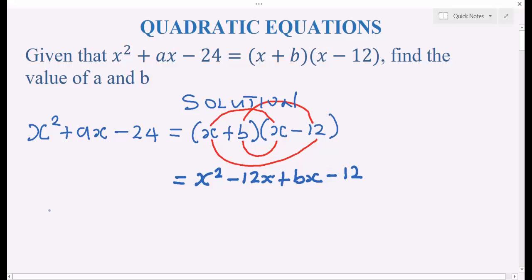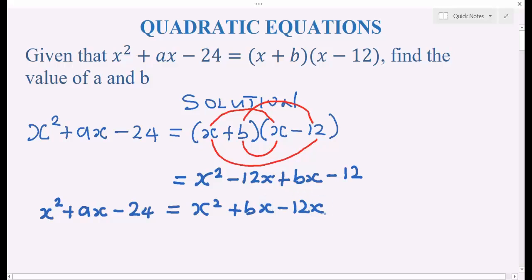So this means that our x squared plus ax minus 24 on the left hand side is equal to x squared, rearranging, plus bx minus 12x, minus 12b.